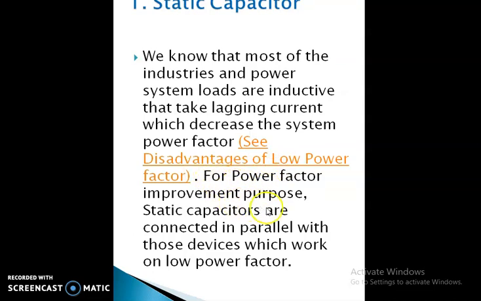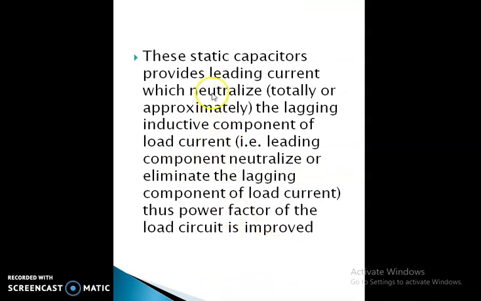For power factor improvement purposes, static capacitors are connected in parallel with those devices which work on low power factor. These static capacitors provide leading current which neutralizes totally or approximately the lagging inductive component of load current.